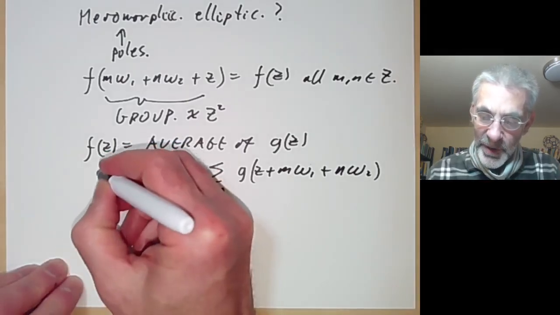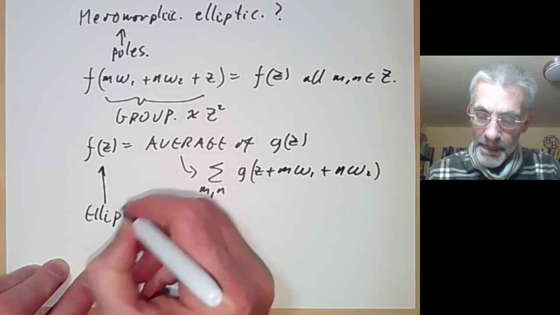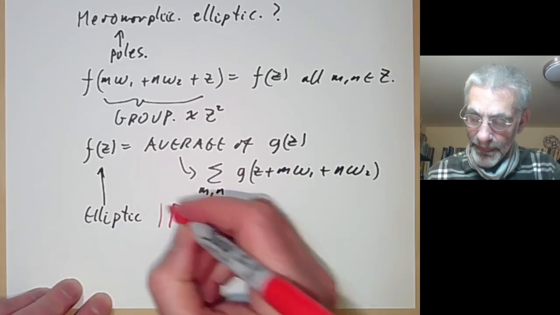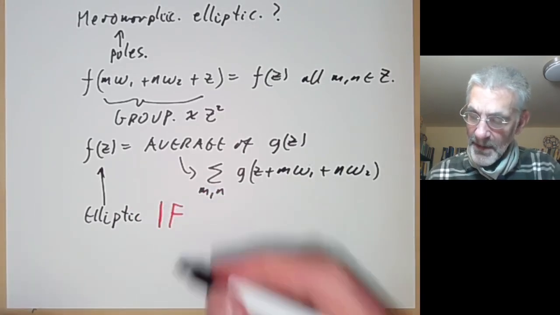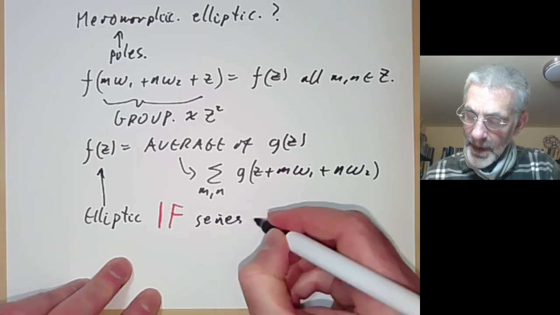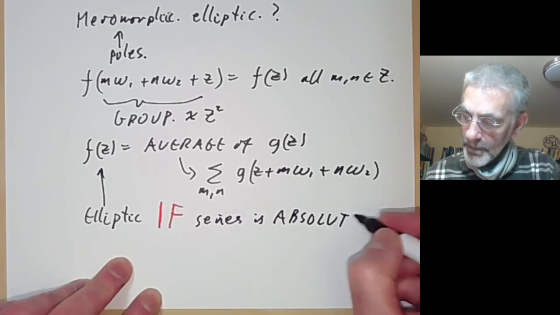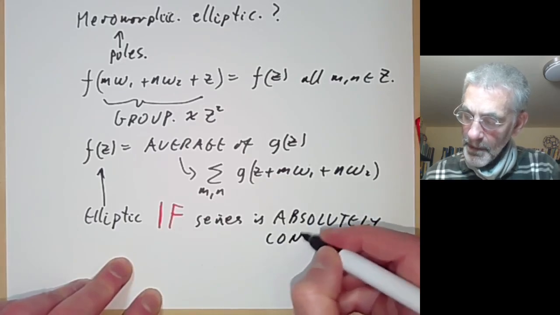There's a slight problem. F is elliptic if the series is absolutely convergent.